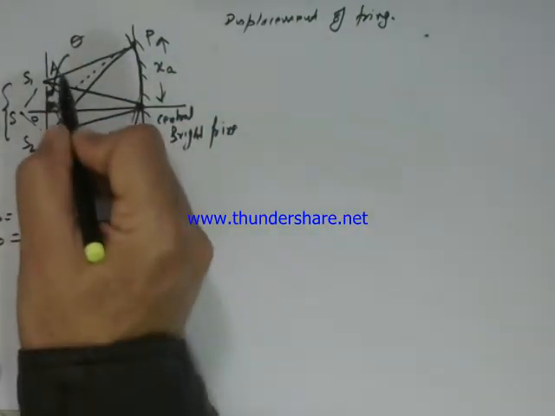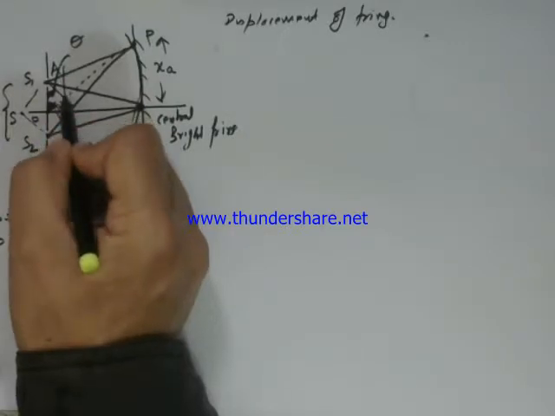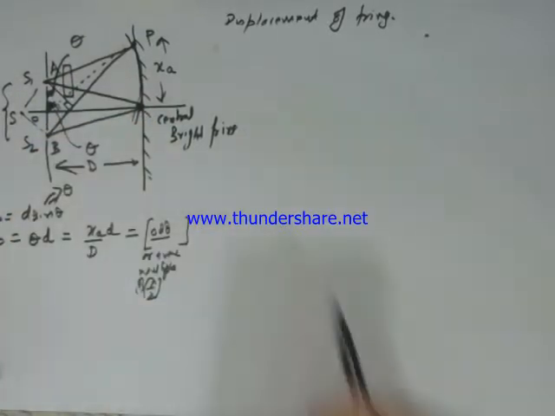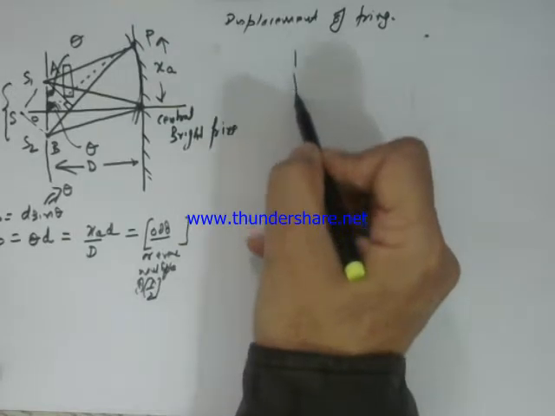Now suppose I place a slab here in front of slit 1.